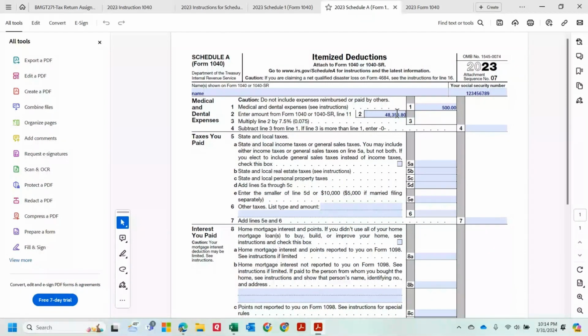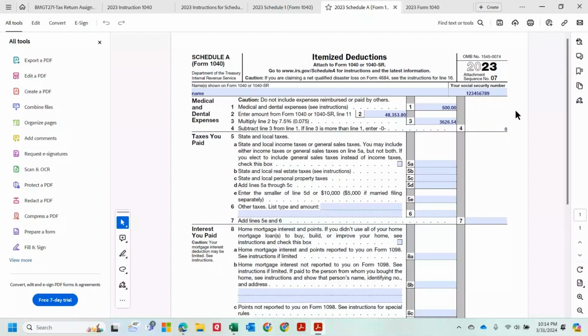When I do that, I get $3,626.54. Then it says subtract line 3 from line 1. If line 3 is more than line 1, enter 0. What that says is my medical expenses failed the needs test. It didn't represent a significant part of my income, so I'm not able to deduct it.